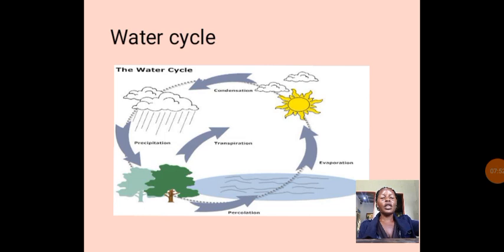Will change and then become rain. It falls again. So that's why we are saying that it is a water cycle. It keeps on changing. So from the atmosphere to the soil, from the soil to the atmosphere.